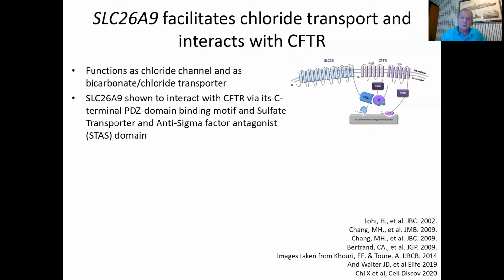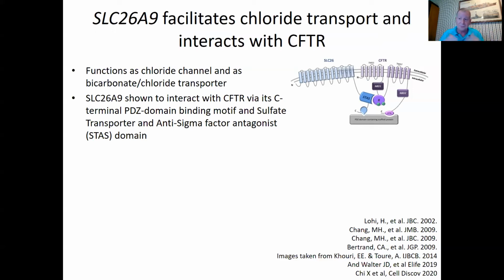Mentioned about the interaction, which is mediated by its C-terminal PDZ binding motif, and also this STAS domain. And here in the picture, we show that series of interactions. So we have CFTR and A9 interacting. So again, furthering the plot here, or the theme, that the A9 could be playing some role in altering the function of tissues where CFTR is normally expressed.